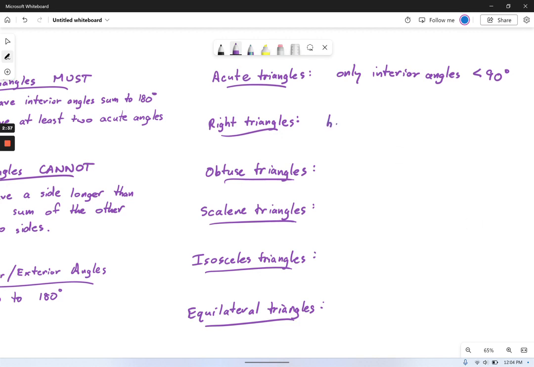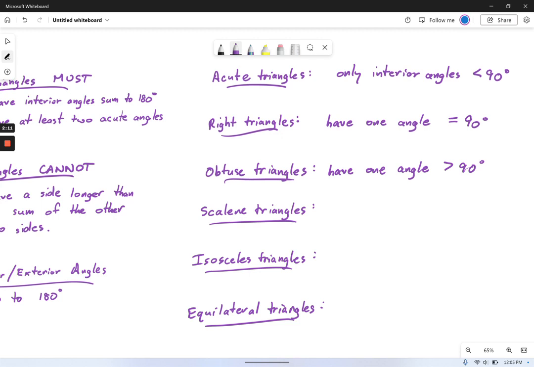Right triangles have exactly one angle equal to 90 degrees. Obtuse triangles have exactly one angle greater than 90 degrees. Okay? It could be 179 degrees, but it has to be between 90 and 180.